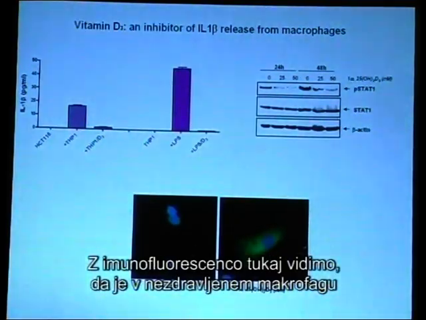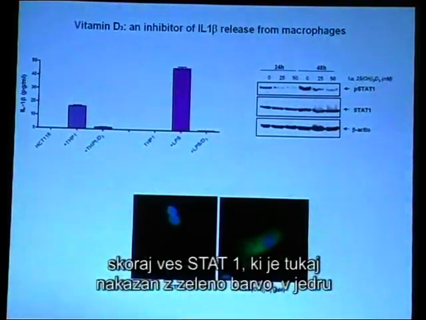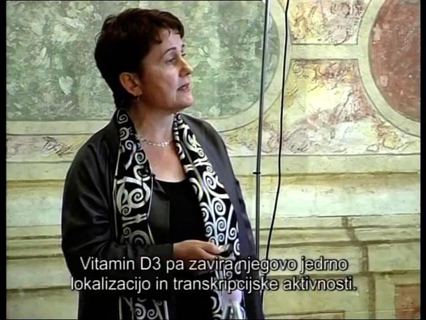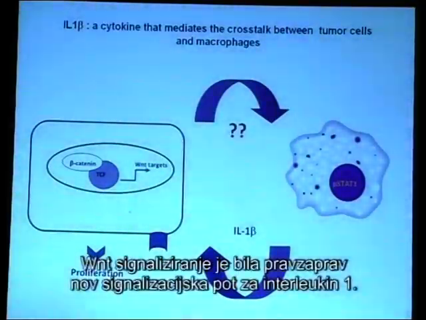And by immunofluorescence, you can see that in untreated macrophages, most of STAT1, indicated in green here, would be in the nucleus, but vitamin D3 inhibits nuclear localization and therefore inhibits transcriptional activity of STAT1. Now, Wnt signaling was a new signaling pathway for interleukin-1.